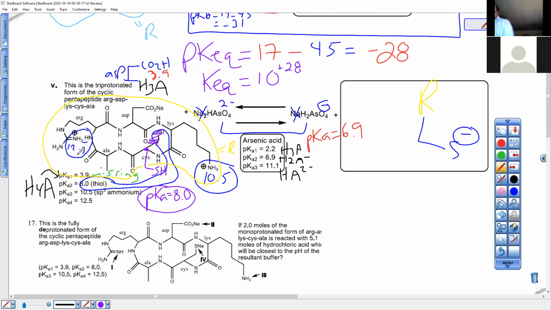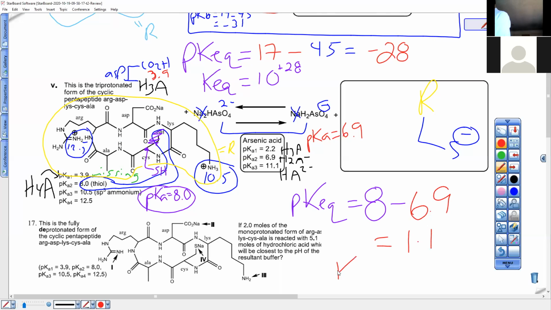And then we're supposed to calculate pKeq. You take the acid on the left, 8, minus the acid on the right, and you get 1.1. Keq is 10 to the negative 1.1, and you better circle the arrow that goes away from the smaller number towards the bigger number.